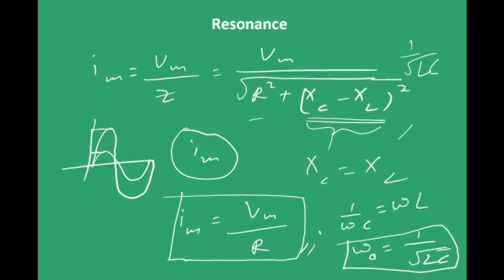Hope everything is clear till now. So at resonant frequency, which is equal to 1 by root LC, the current amplitude is maximum and hence it will be equal to Vm by R, where R is the pure resistance of the circuit.